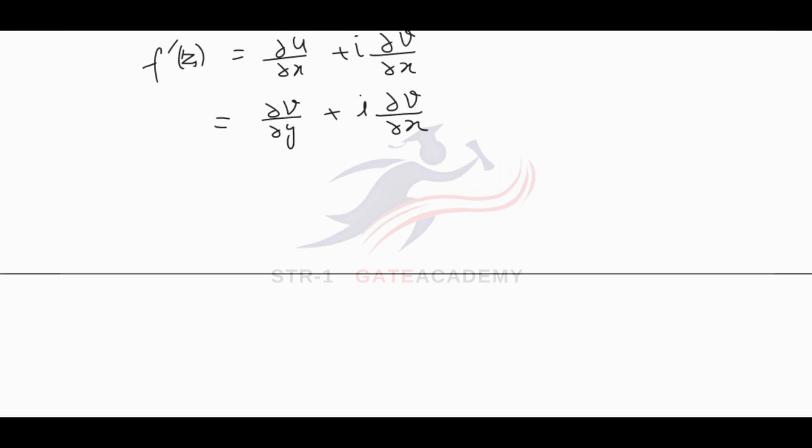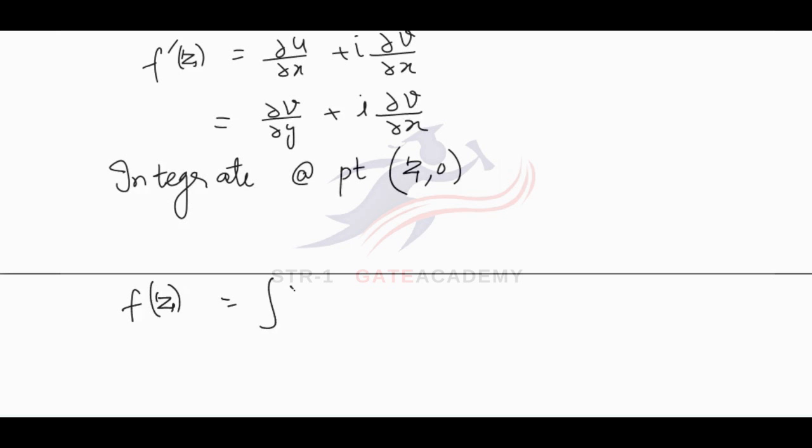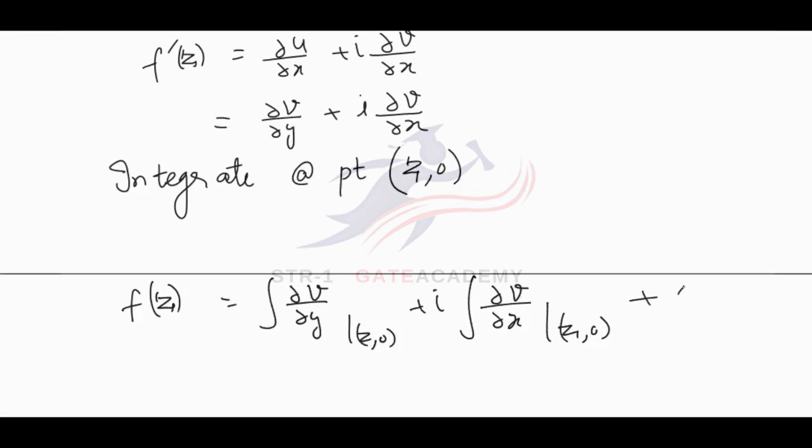Now we know the value of v, so you will have to integrate at point z comma 0 to get f z. So the left hand side will become f z, the right hand side will be integration of del v by del y at z comma 0 plus iota times integration of del v by del x at z comma 0, plus c. Simply we'll get the answer.